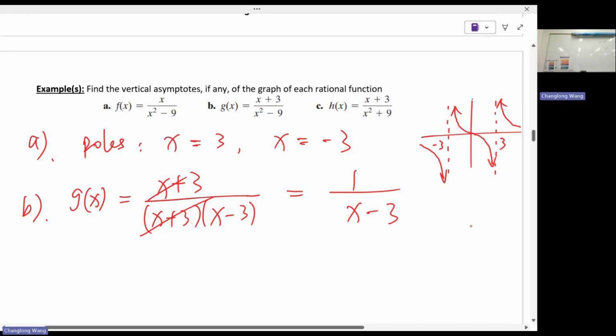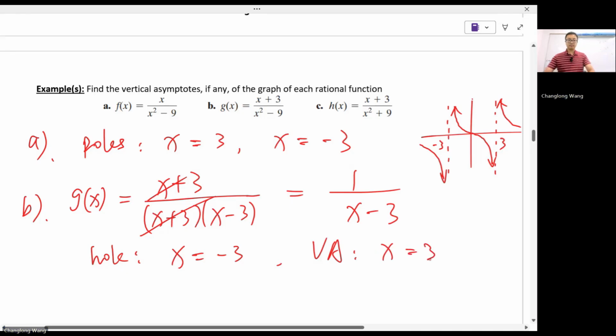You're not expecting a VA anymore. So it will be a hole at x equals -3. We call it a 0-pole cancellation. All right, please be aware of that. But of course, we still have a pole at +3. That means there will be a hole at -3 and a VA, which stands for vertical asymptote, at x equals 3.